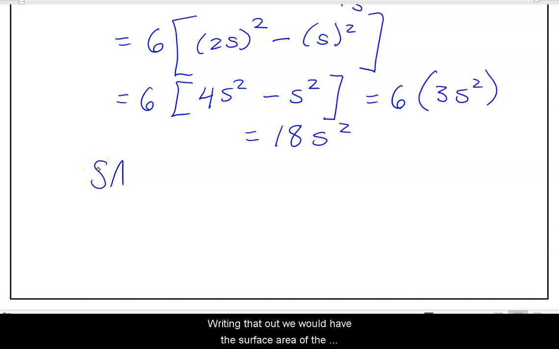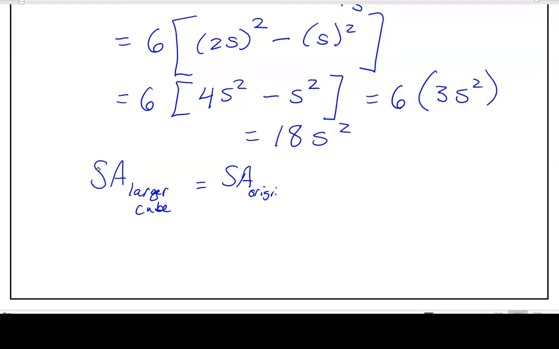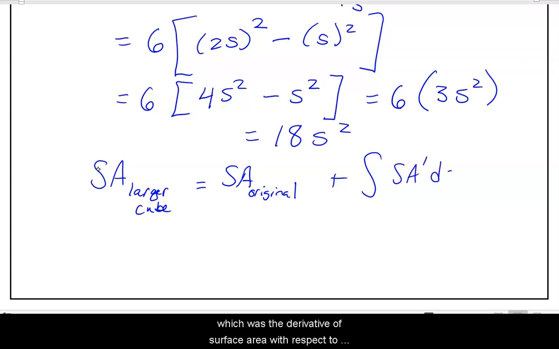Writing that out, we would have the surface area of the larger cube, the new one, equal to the surface area of the original cube plus the change, which is the integral that we computed, the derivative of surface area with respect to s from s to 2s.